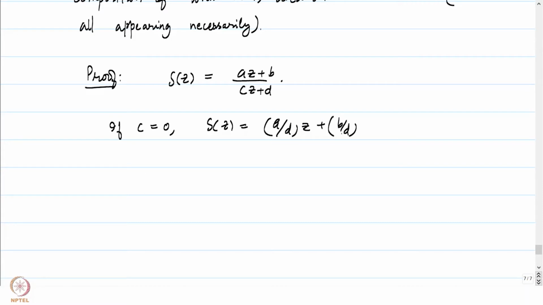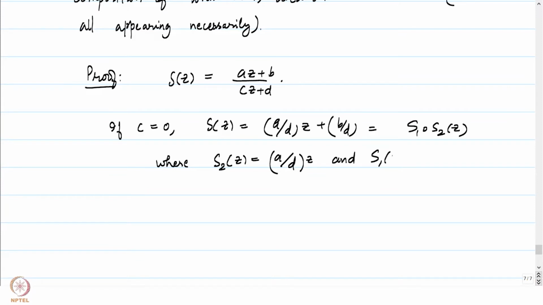This is going to be a by d times z plus b by d, and this is going to be equal to S1 composed with S2 of z, where S2 of z is first the dilation by a by d, and S1 of z is a translation. That's translation by b by d. So if you notice, we have a dilation and a translation whose composition will give us our given Mobius transformation when c is equal to 0.